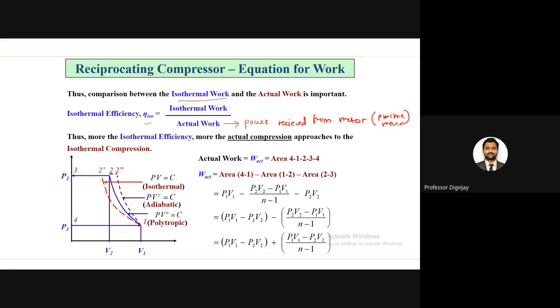So whatever power the compressor is receiving from the electric motor or the prime mover, that will be its actual work, and the isothermal work required. In that case, we have to calculate the area below the curve, and that will be the isothermal work. If I take the ratio of these, that will be the isothermal efficiency. Thus, the more the isothermal efficiency, the more the actual compression approaches the isothermal compression.